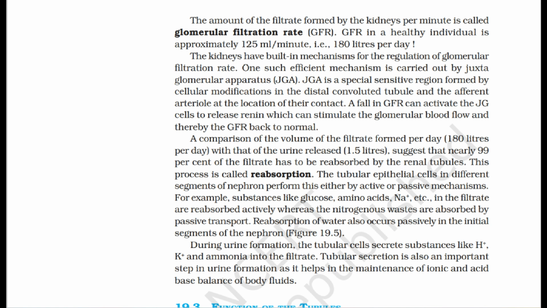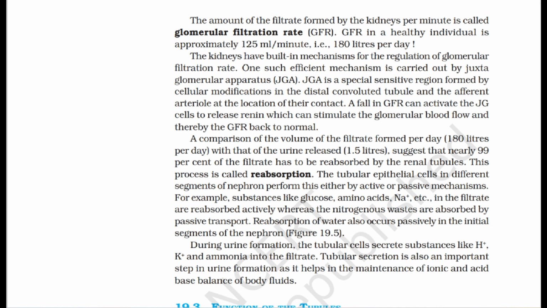A comparison of the volume of the filtrate formed per day, 180 liters per day, with that of the urine released, 1.5 liters, suggests that nearly 99% of the filtrate has to be reabsorbed by the renal tubules. This process is called reabsorption. The tubular epithelial cells in different segments of the nephron perform this either by active or passive mechanisms.